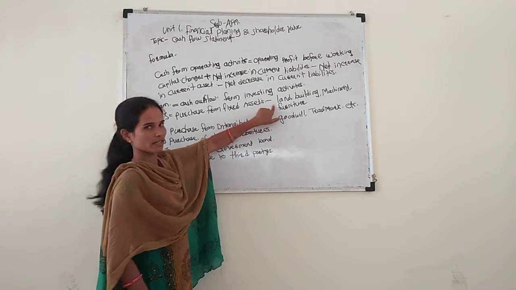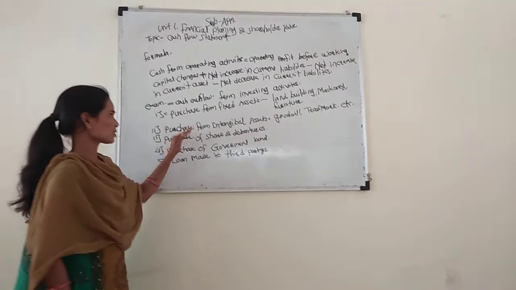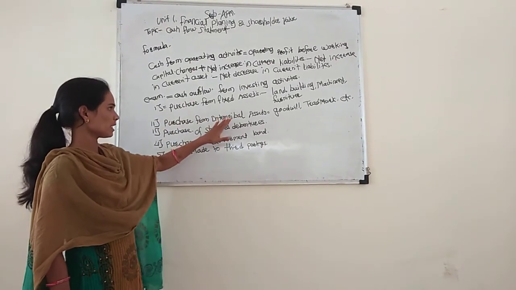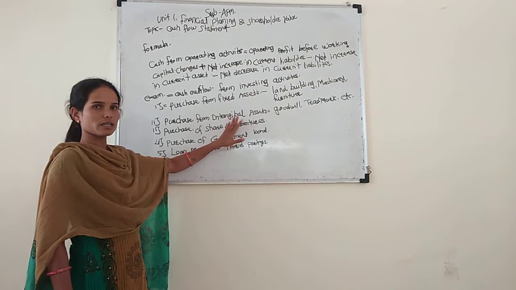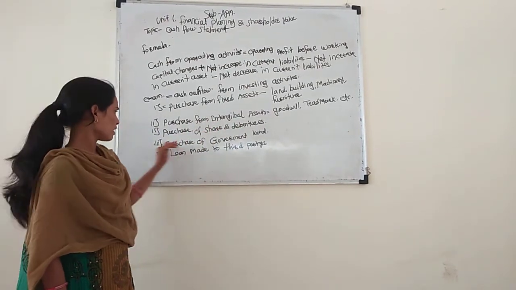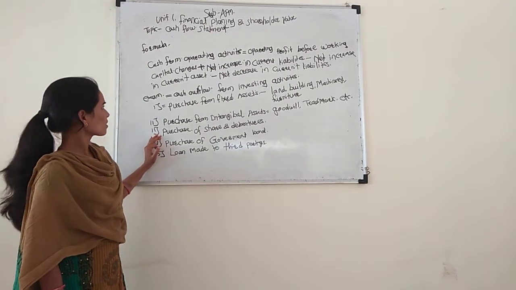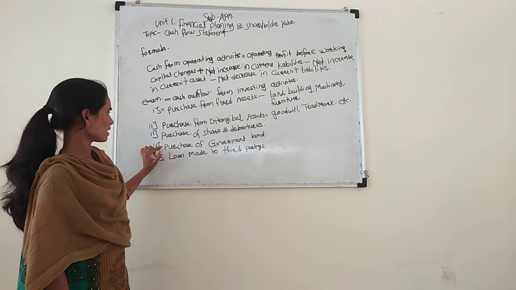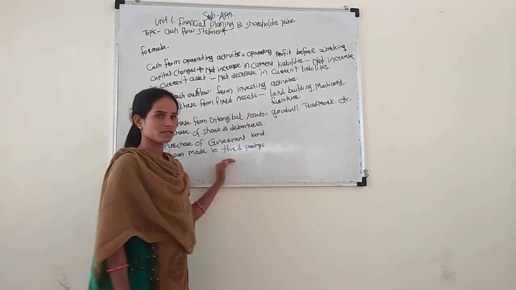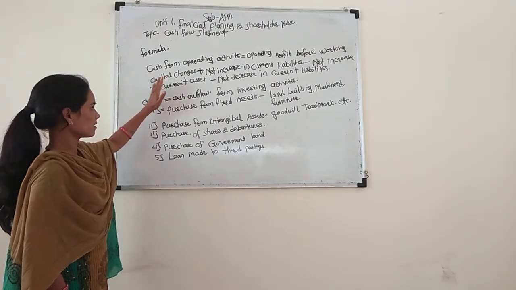Next, purchase of intangible assets, for example goodwill and trademark. Then purchase of shares and debentures, and fourth, purchase of government bond. This is a cash outflow, an investing activity. And the last one is loan made to third parties.